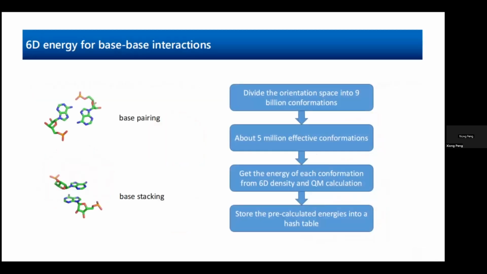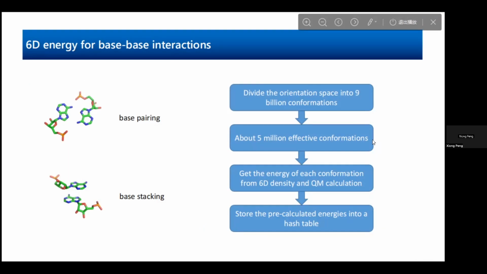For the base-base interaction, it's more complicated. To describe the interaction between the bases, both for base pairing and base stacking, we need a 6-dimensional energy to describe the orientation effect. So we take a strategy.